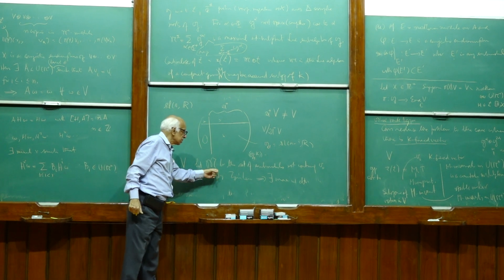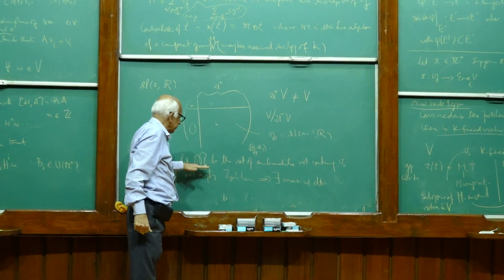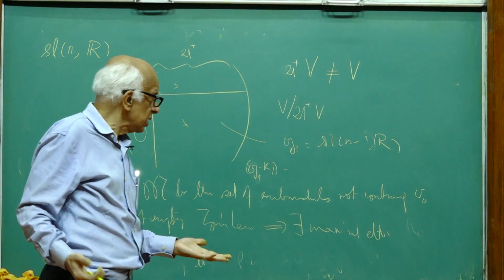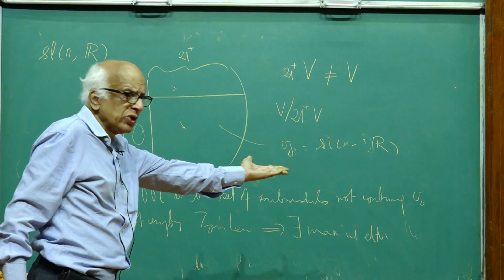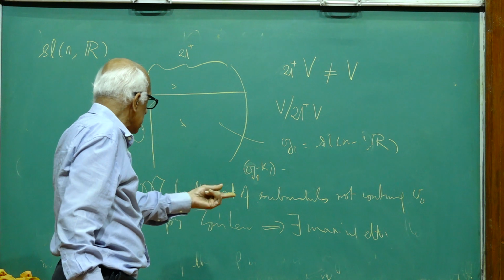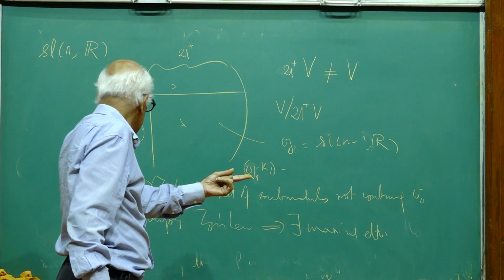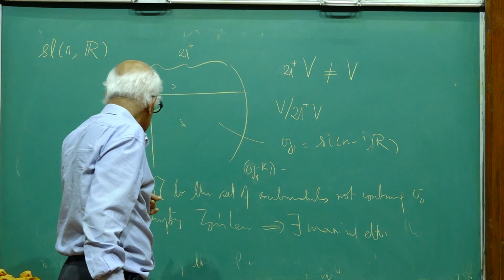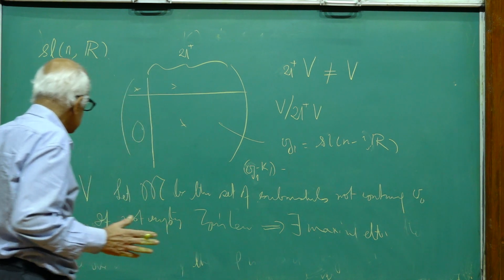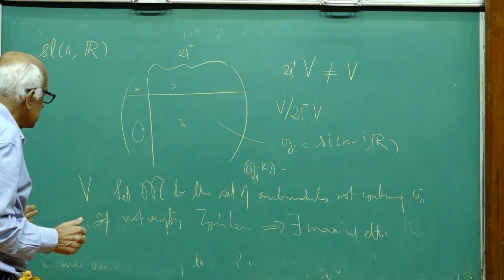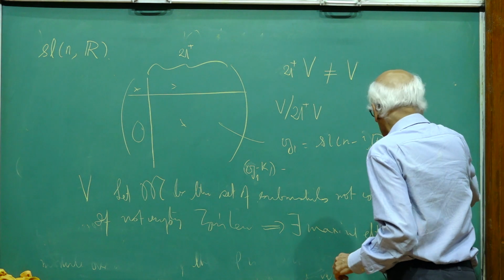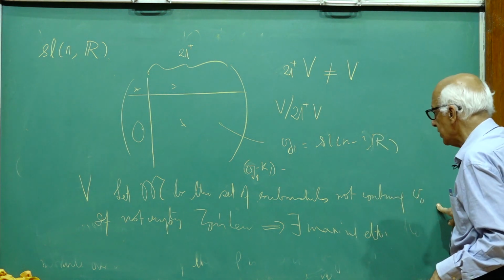But why does one claim that this family is non-empty? The family is non-empty because, otherwise, every submodule contains V naught.